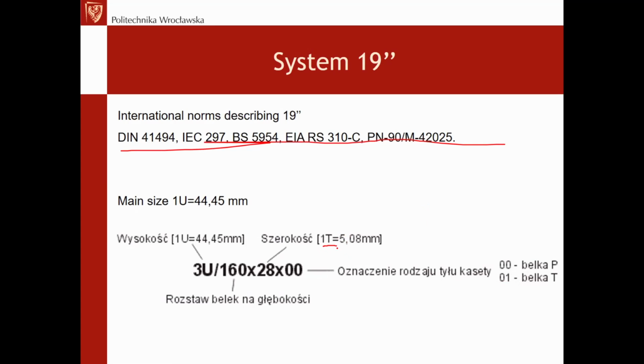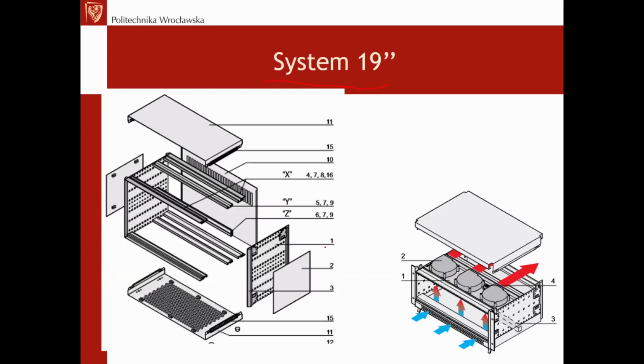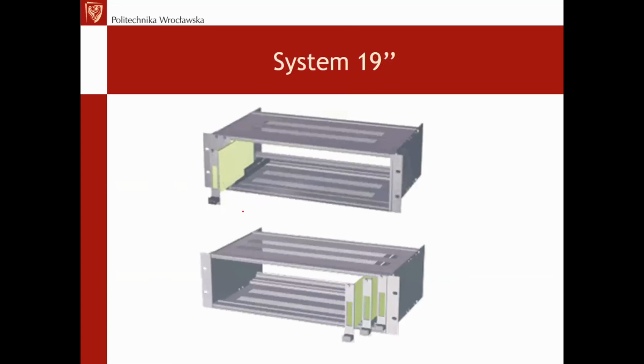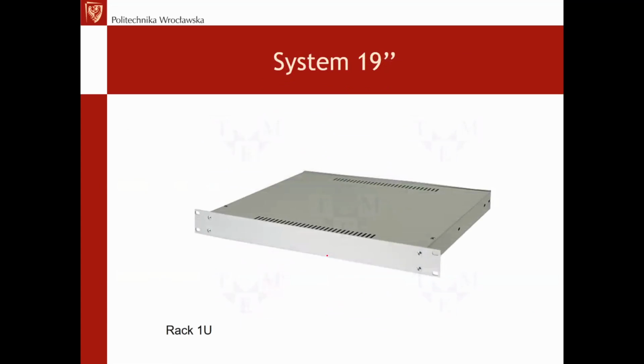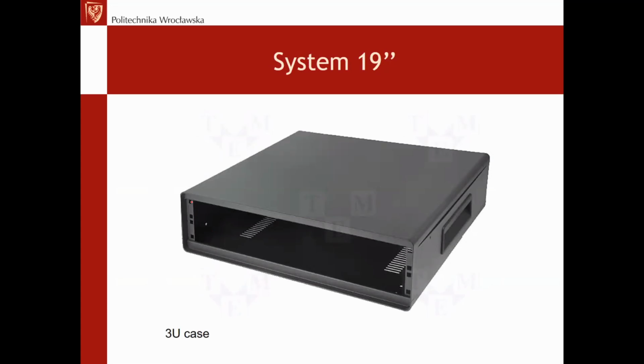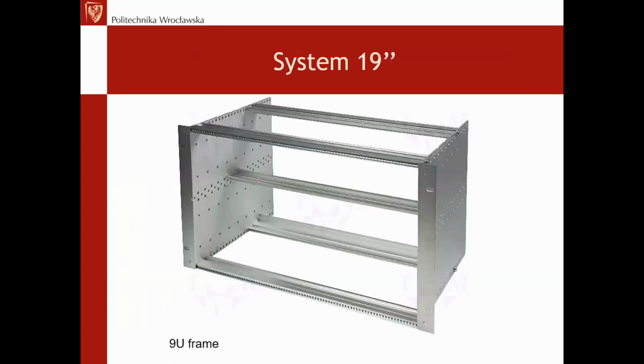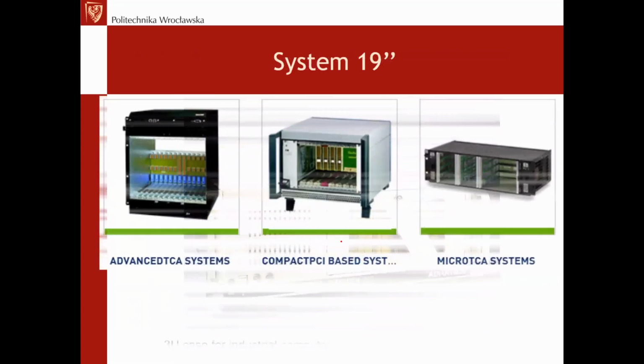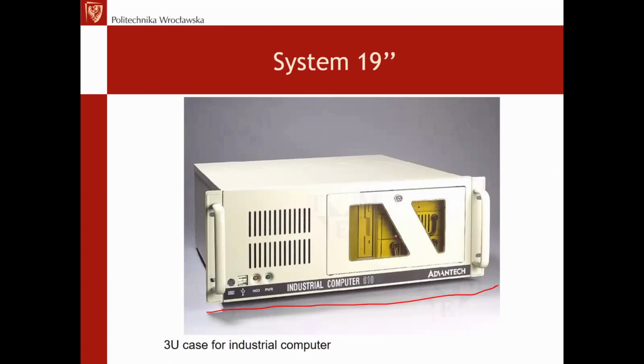So we have 5.08 millimeters as one T unit, and the basic width of the shelves, like this one or this one or this one. Here is a cabinet for a small shelf. But for example, here is a computer integrated inside a shelf.